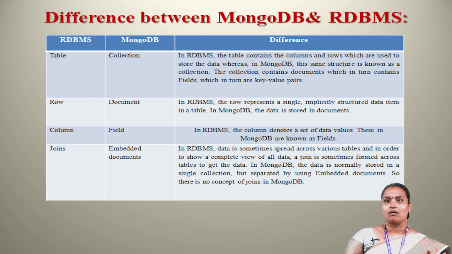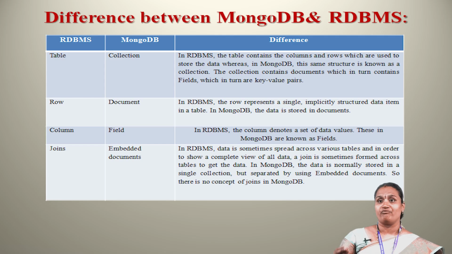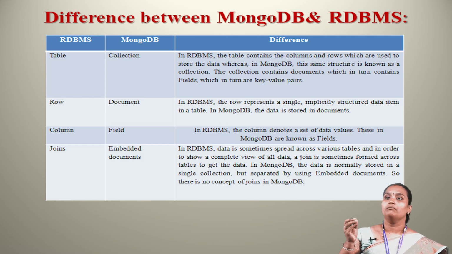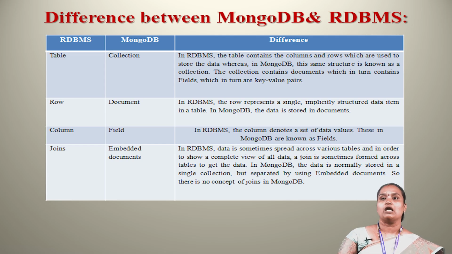The RDBMS has a column, MongoDB has a field. The column denotes a set of data values. These in MongoDB are known as fields. The RDBMS has joins, MongoDB has embedded documents.